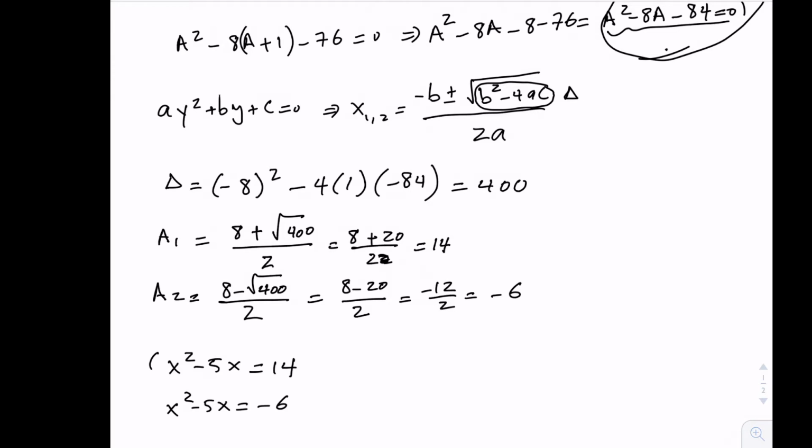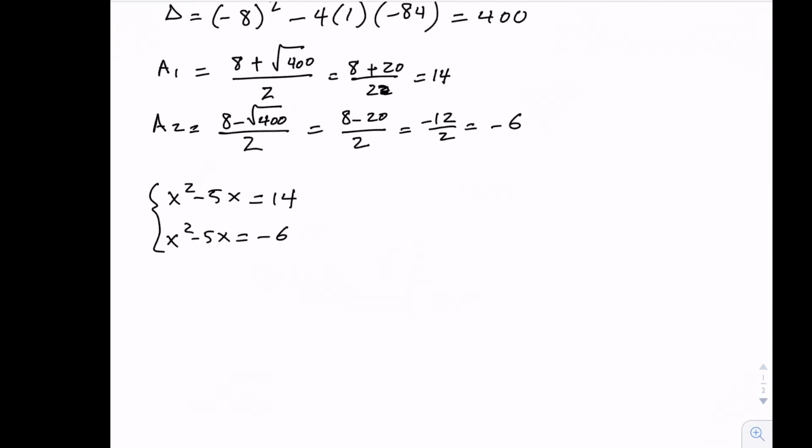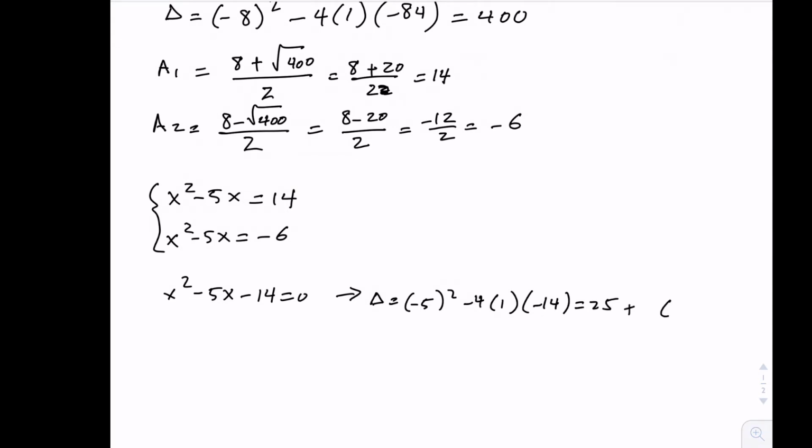to minus 6. So from the first equation, we will have x squared minus 5x minus 14 is equal to 0. Again, if we form delta for this equation, it will be minus 5 squared minus 4 times 1 times minus 14, which is 25 plus 56, and that is 81.